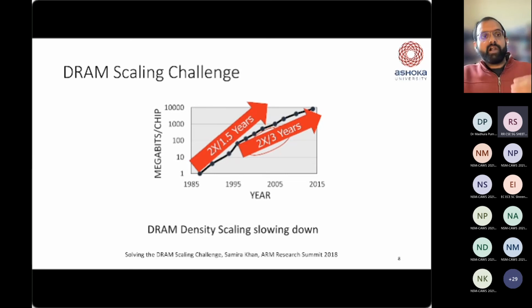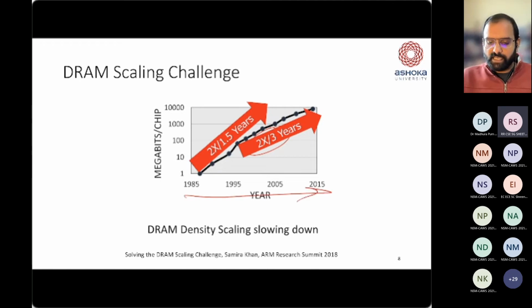So you want increasing capacities for your main memory as time goes on, and of course nobody wants to pay higher prices for that, right? So you want your prices to remain constant, but you want higher capacities with hopefully better latencies for your memory subsystems as well, which was very much possible as and when transistors kept on scaling and DRAM designers were able to pack in a large number of bits in the same square millimeter over time, but that has also slowed down over time, right?